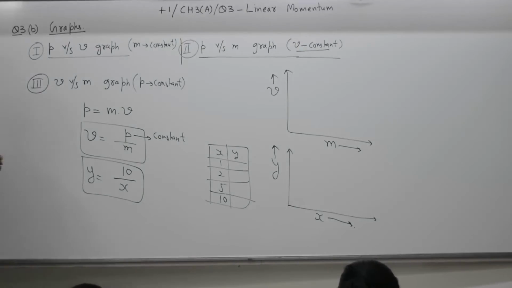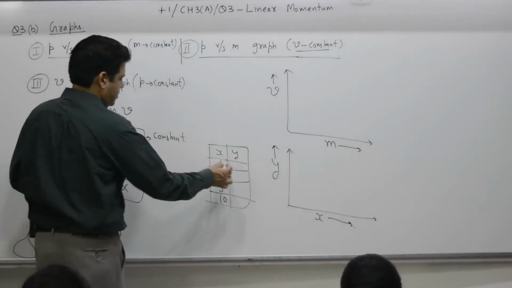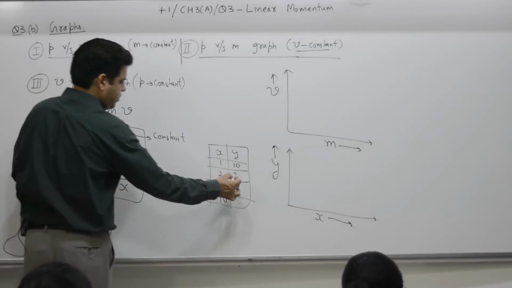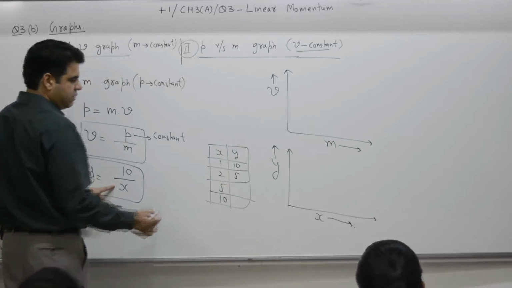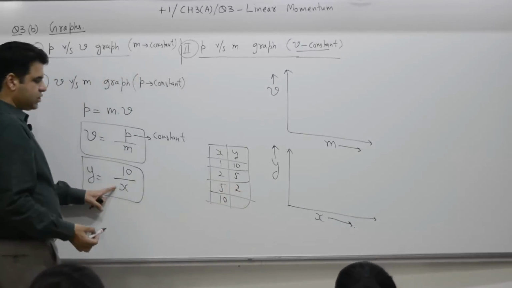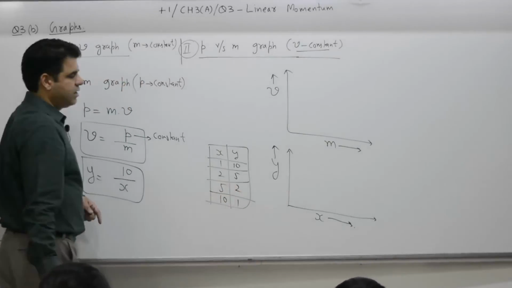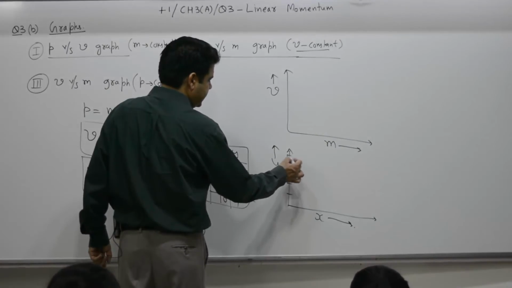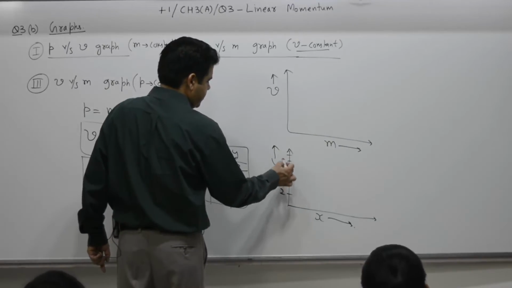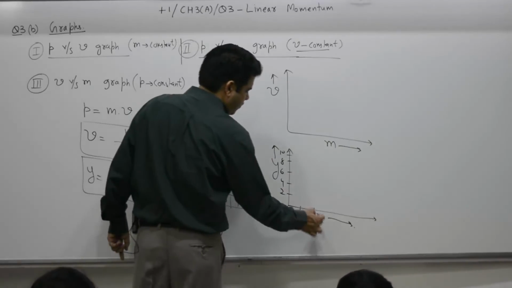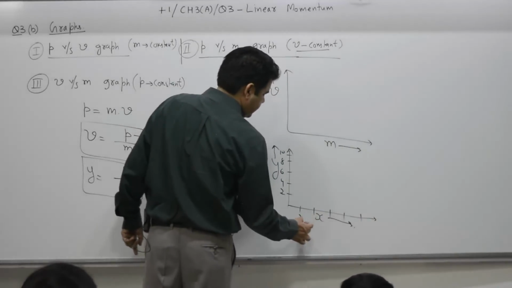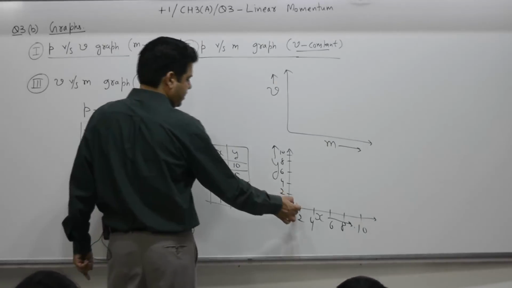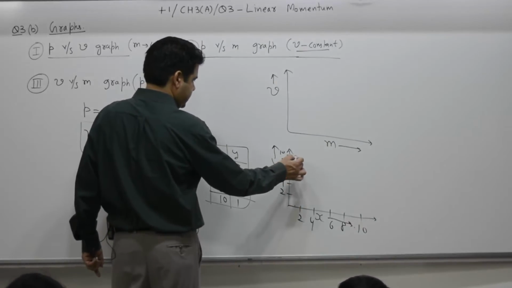When x is 1, y is what? When x is 1, y is 10. If it is 2, 10 by 2, 5. If it is 5, 10 by 5, 2. If x is equal to 10, 10 by 10, 1. So, 2, 4, 6, 8, 10 on the axes. When x is 1, y is 10.